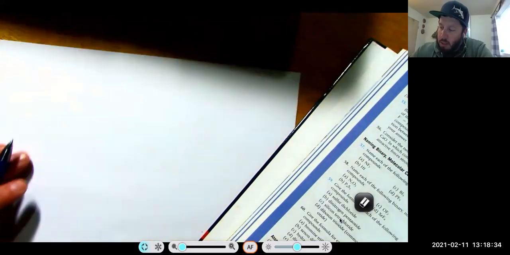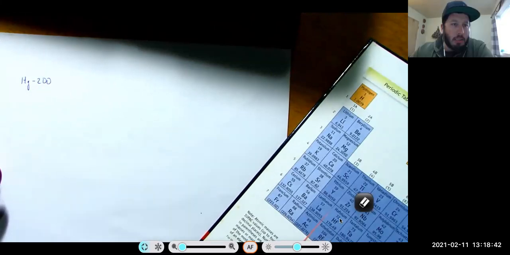I don't know what the question actually asks, but I'll give you an idea of what you should know. So the question is, what does the 200 mean? The 200 is a superscript before the Hg.